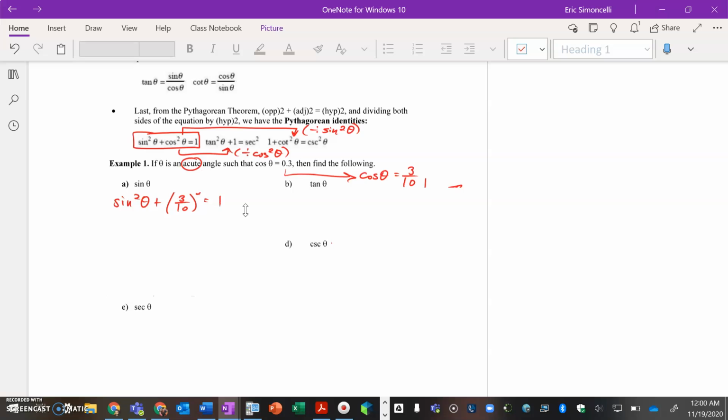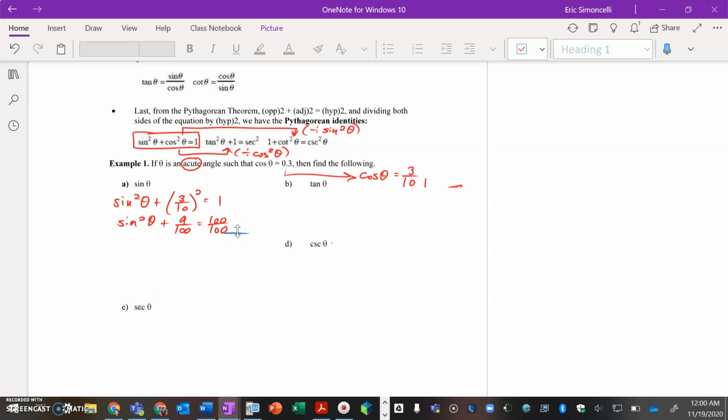We already know that the cosine of theta is 3/10, so we can square it. Okay, so from there, we're again setting it equal to 1, and we're going to solve for sine. You're going to solve for sine in a very similar manner as if, let's say, sine squared theta was like a squared, for example. 3/10 squared, there you have it, 9/100ths.